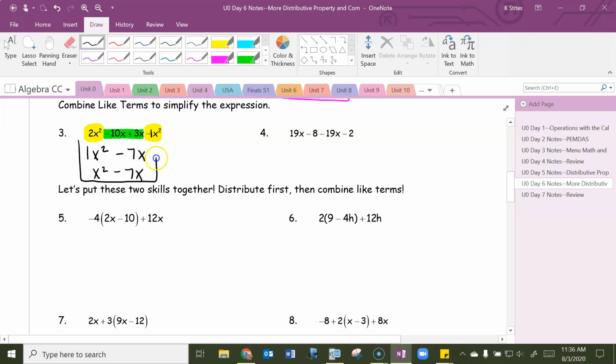Either of these would be fine. And then we also discussed this. You'll see you have a 19x minus a 19x. Don't put x for that. If you put x, it means that 19 minus 19 is 1, which is not. Those just cancel. And the only like terms we have are -8 minus 2, which is -10.